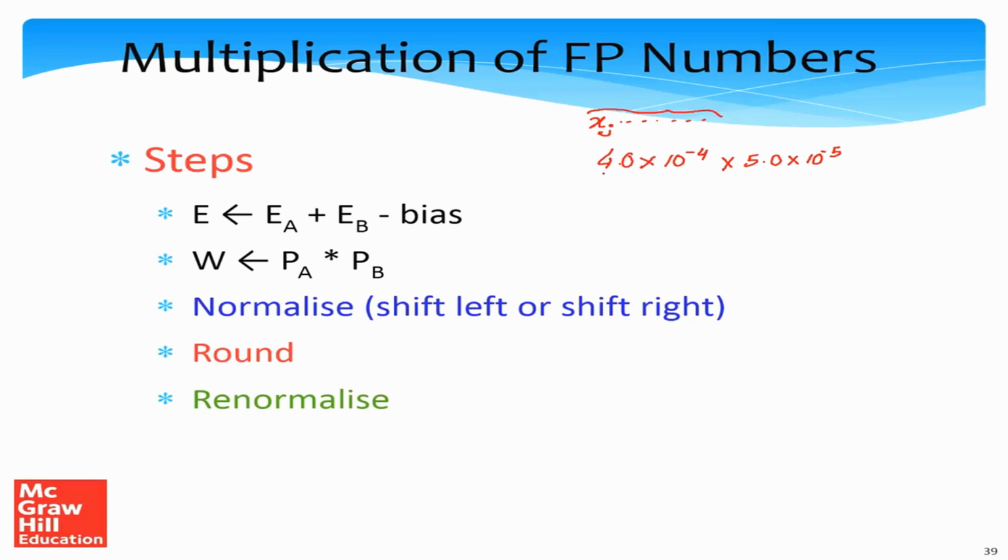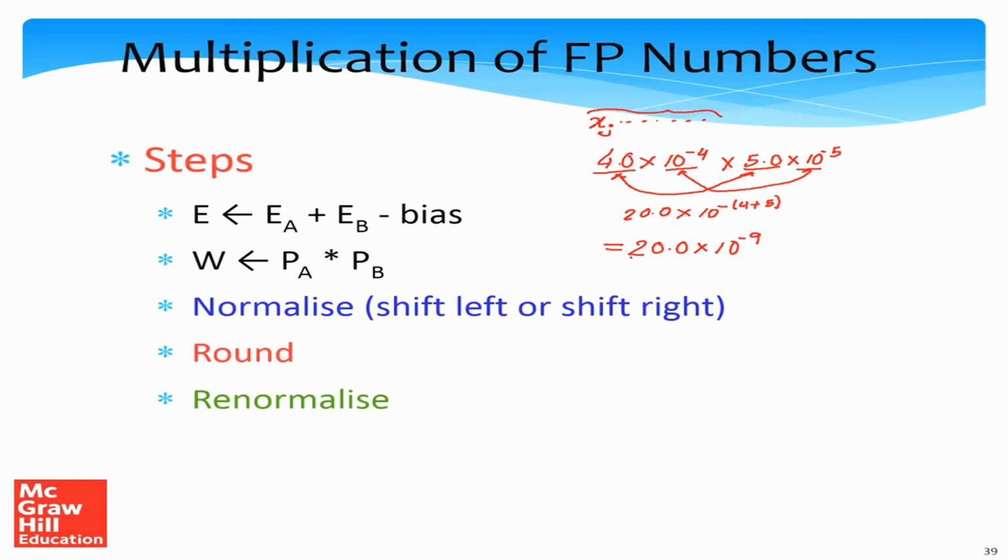So what we would do is that first we will multiply the two significants, 4 and 5. This will give us 20.0. And then we will multiply these two exponent terms, so we'll basically add the exponents, minus 4 and minus 5. So what we'll get is 20.0 times 10 to the power minus 9.